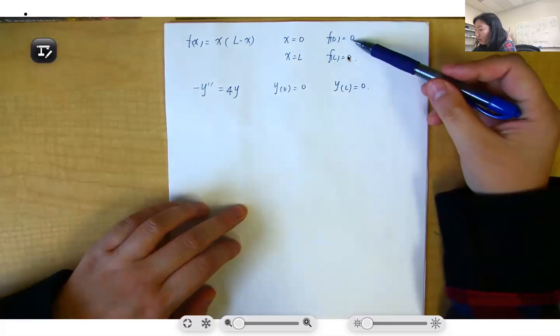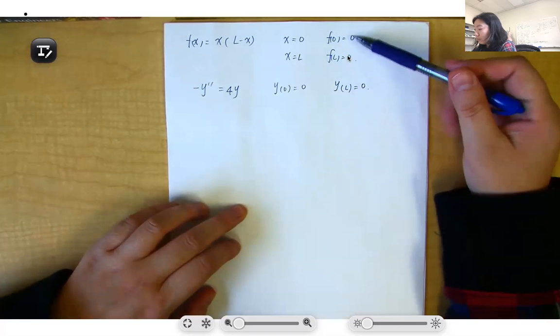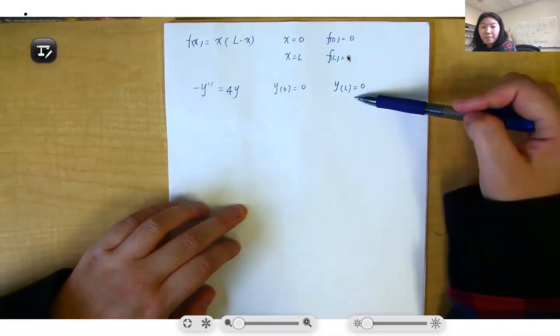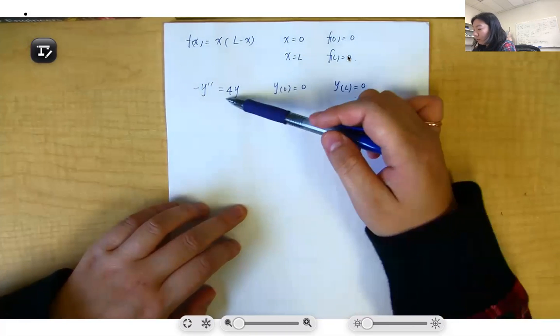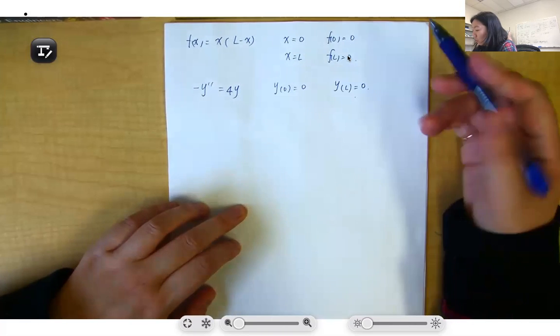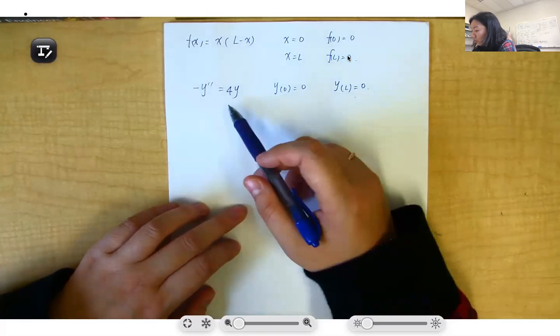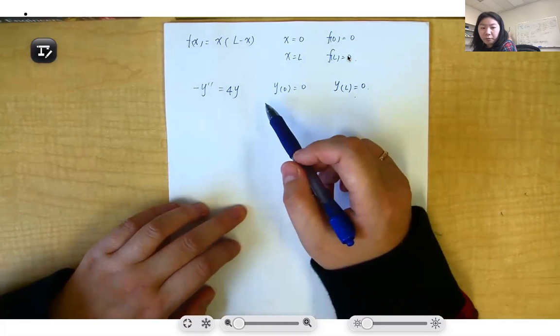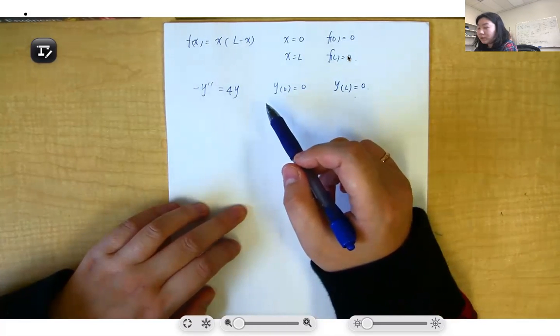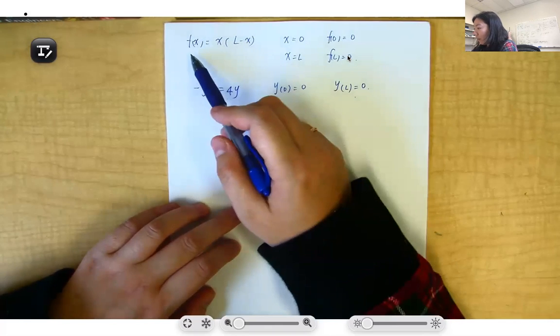So the boundary conditions for the continuous function satisfy the homogeneous boundary conditions for the Sturm-Liouville problem. And we use the generalized Fourier series expansion to represent our f(x).